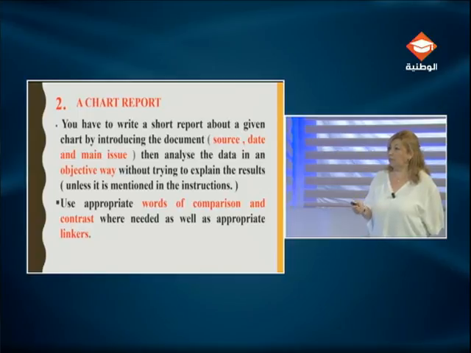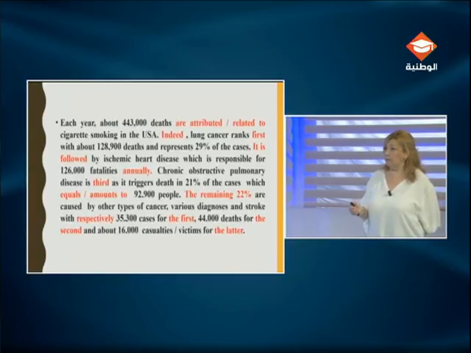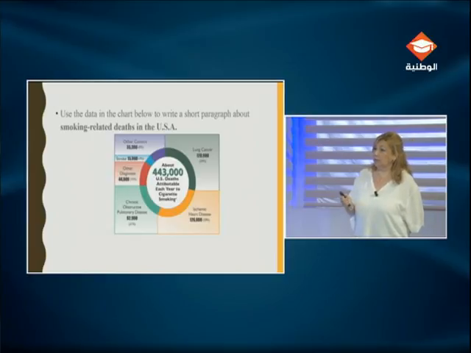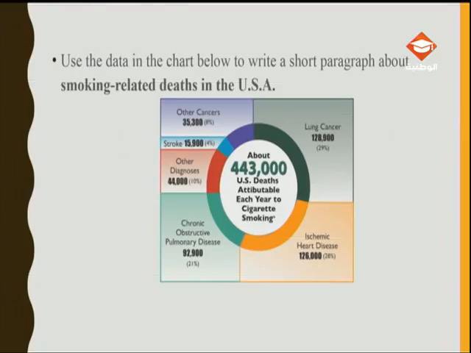Let's have a look at a chart. So here we have a chart. We are asked to use the data in the chart below to write a short paragraph about smoking-related deaths in the USA.